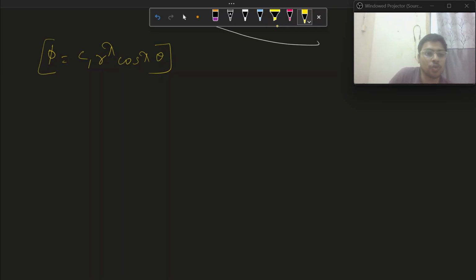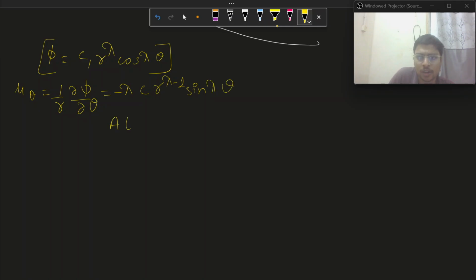Okay, so we know that u_θ is equal to 1 by r ∂φ/∂θ, which is equal to minus λ c1 r to the power λ minus 1 sin λθ. So at θ equal to π minus β, u_θ is equal to 0.